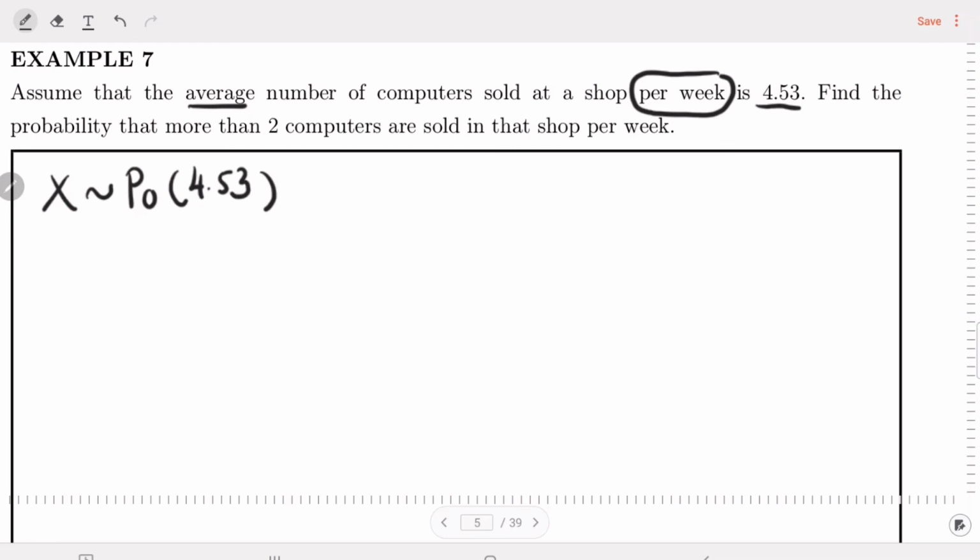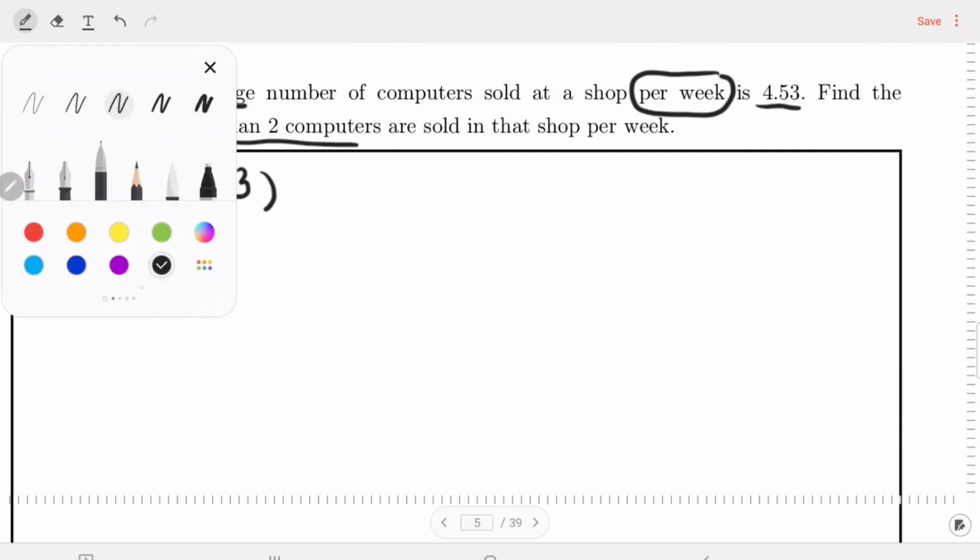We need to find the probability that more than 2 computers are sold, probability more than 2. As usual, there are 2 options to find the probability. We can either use the Poisson distribution table or the Poisson distribution formula. I'm going to use the Poisson table.